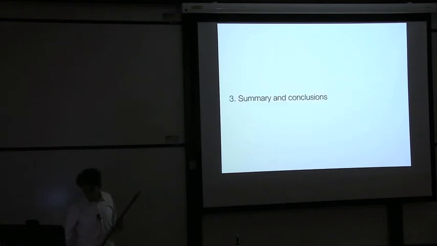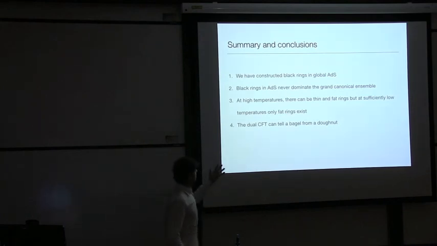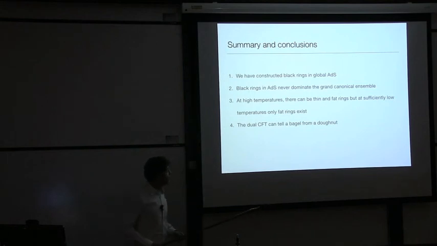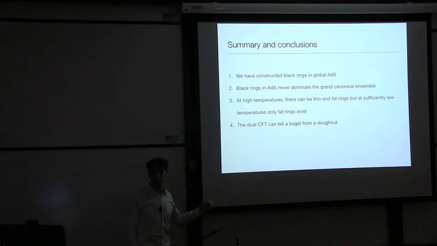So let me quickly summarize what I've said. We've constructed black rings in global anti-de Sitter space. They are never the dominant phase in the grand canonical ensemble at high temperatures. Rings exist, and we have the thin and the fat families as in flat space, but at sufficiently low temperatures thin rings don't exist.